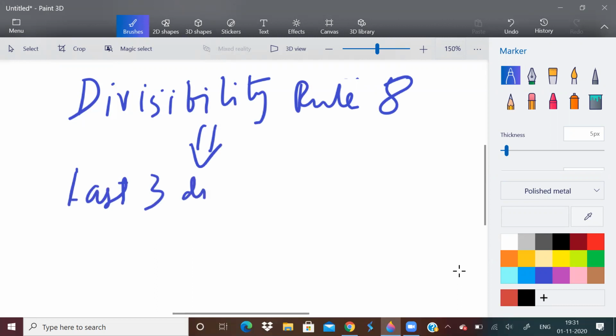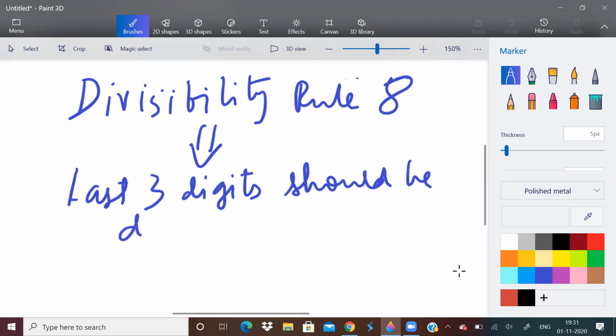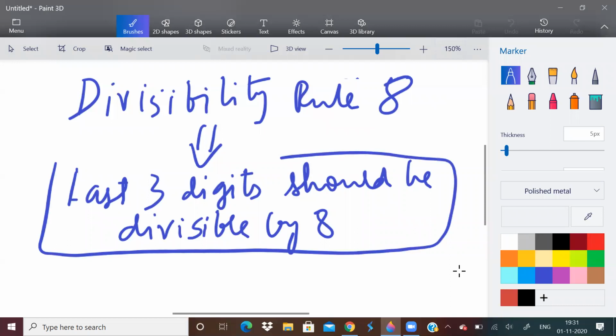Last 3 digits should be divisible by 8. So this is the only thing you should know, okay? Last 3 digits should be divisible by 8. So you have to find some way to make the last 3 digits divisible by 8.